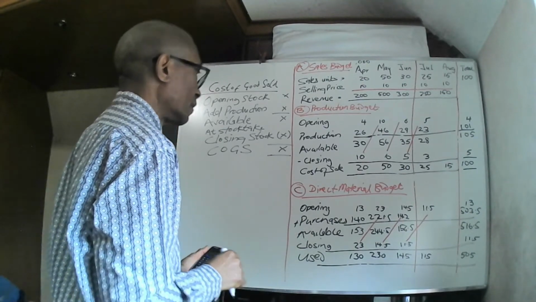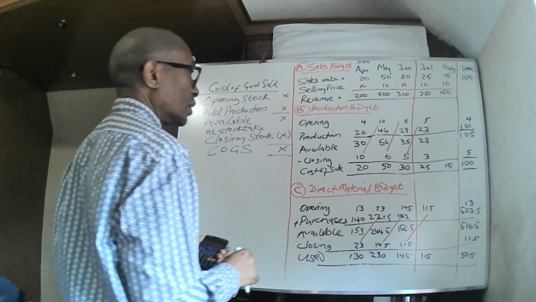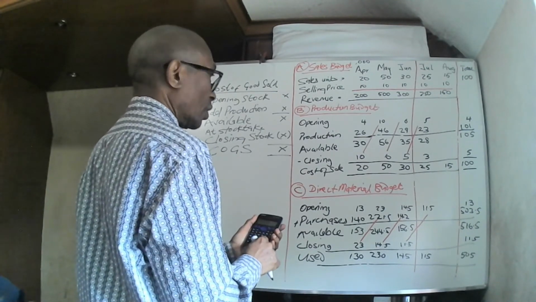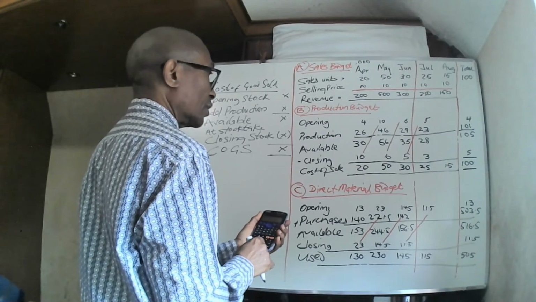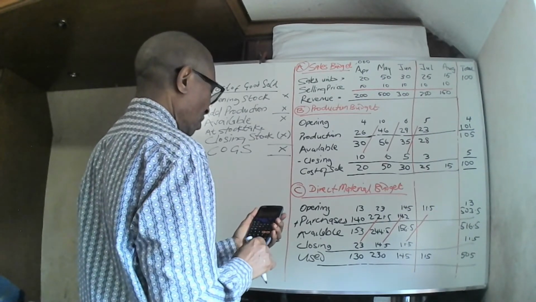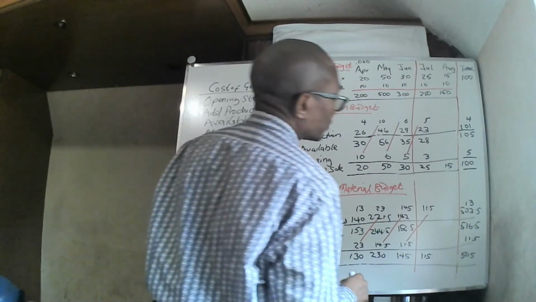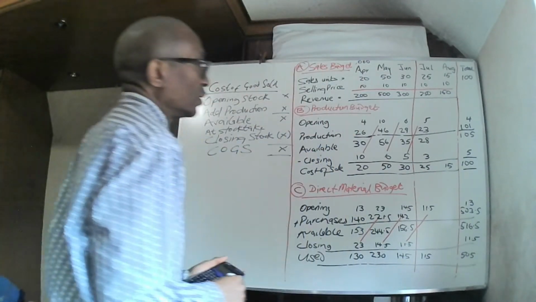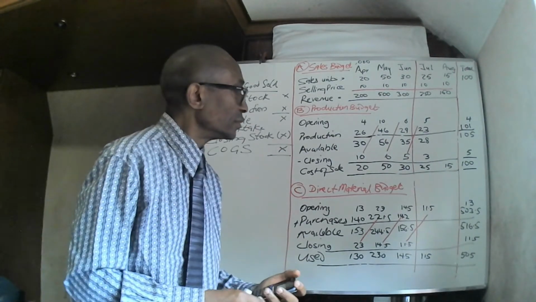Okay. So 156.5 minus 11.5 with 503. So that looks as if they are okay.